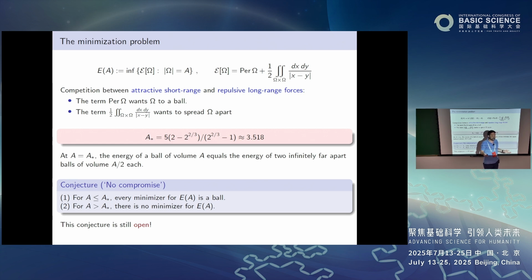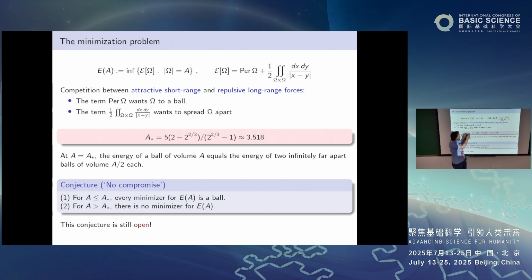Well, that's a classical isoperimetric problem that wants us exactly to have a ball. And we can do the other thing. We can look at the Coulomb energy, right? The Coulomb energy wants the set to spread apart. The particles repel each other, so they should go out of each other's way. And actually, there's a theorem of Riesz that says that being a ball is the worst for that. Okay, so the ball is the minimum of this, and it's the maximum of that under measure constraint.